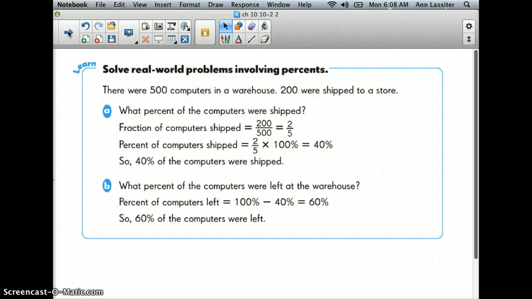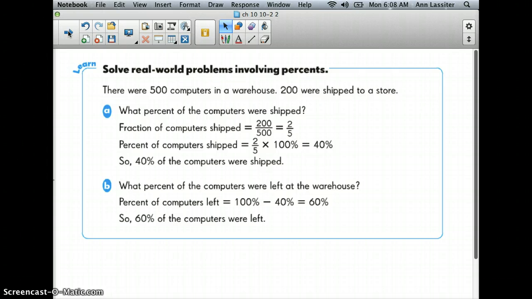Now, real world problems are where percents really come into play. This says there were 500 computers in a warehouse, 200 were shipped to a store. What percent of the computers were shipped? Could be a question asked with this information. So 200 of the 500 were shipped, so that becomes the fraction 200 over 500, which can reduce to 2/5.